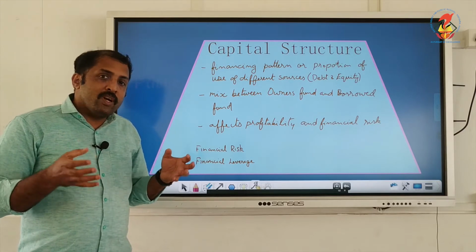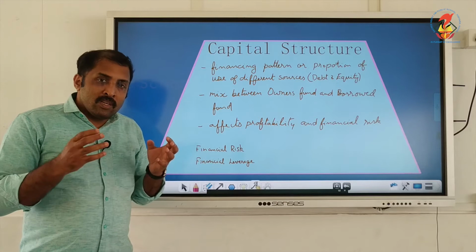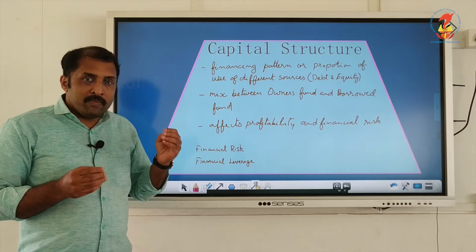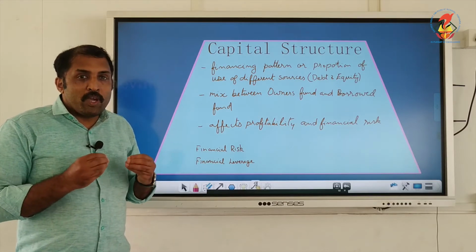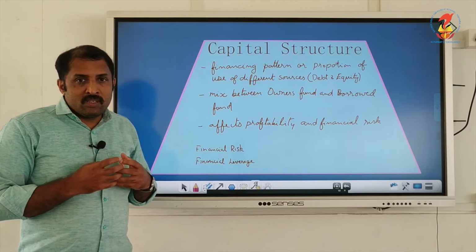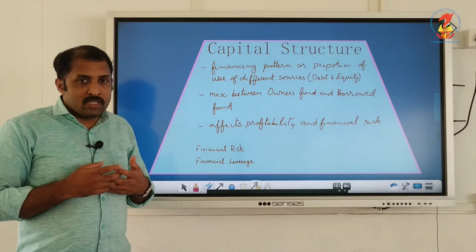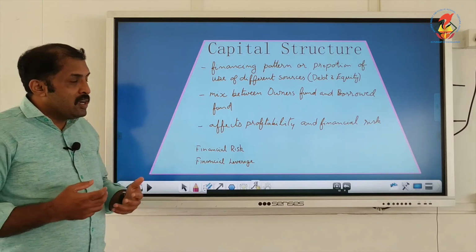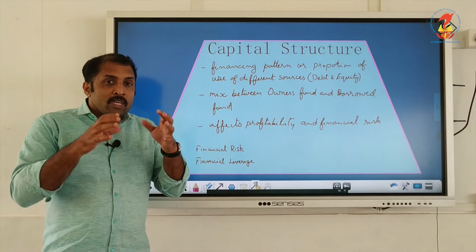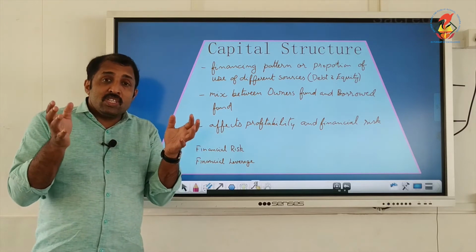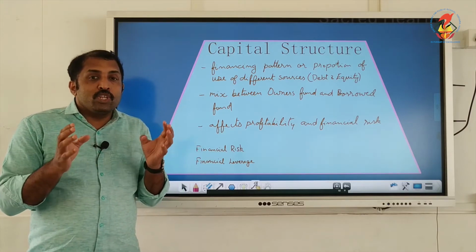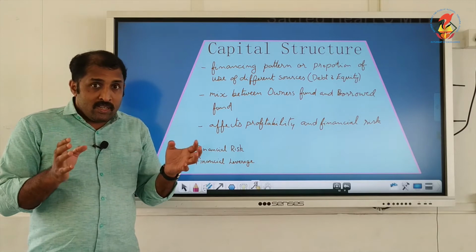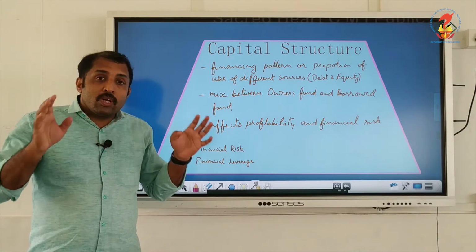In ownership fund, there are two sources, retained earnings and the capital contributed by owners through equity shares. Equity shares and retained earnings are owners fund, and the rest are debt sources. So capital structure is talking about the proportion of debt and equity in the total capital of the company.